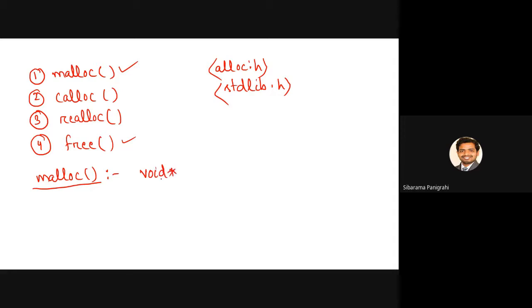Its return type is a generic pointer, that is void pointer. Then the function name is malloc. Then here it will occupy the requested amount of size, so I can write it as size in bytes. How many bytes you want to occupy, you have to specify over here, right?